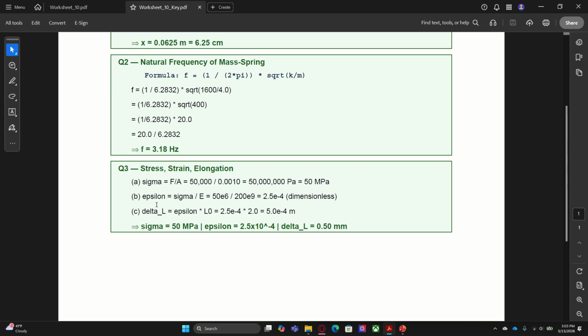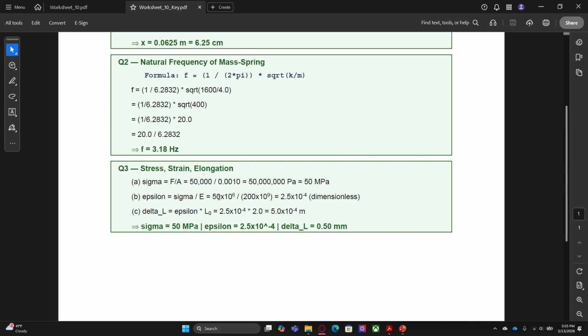Now the strain epsilon is going to equal the stress divided by the modulus, so sigma divided by E. There we go.